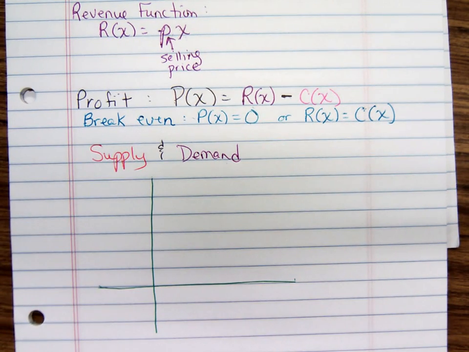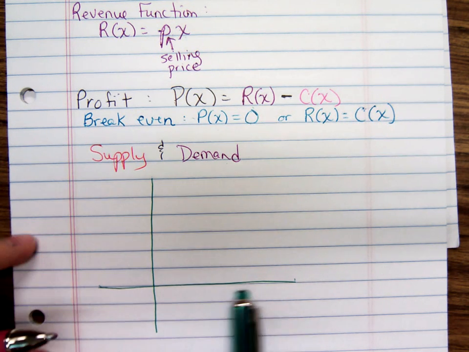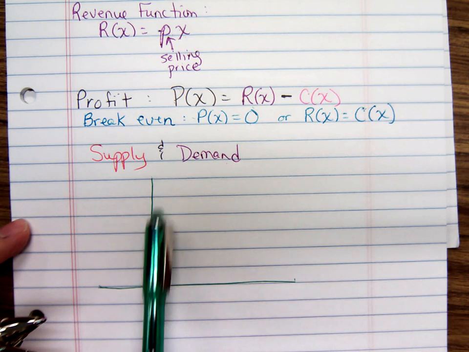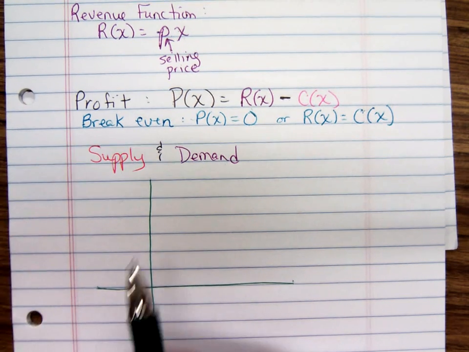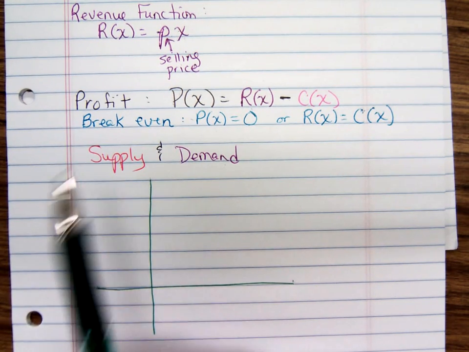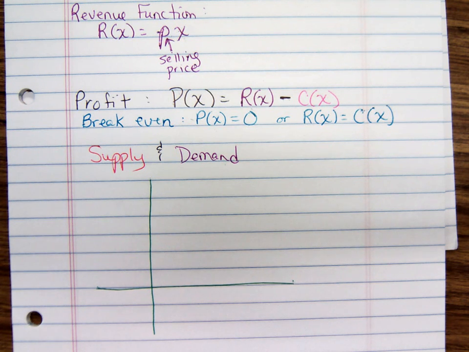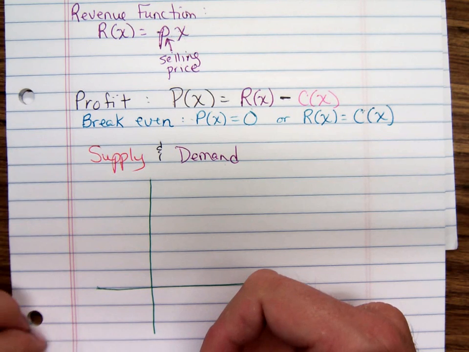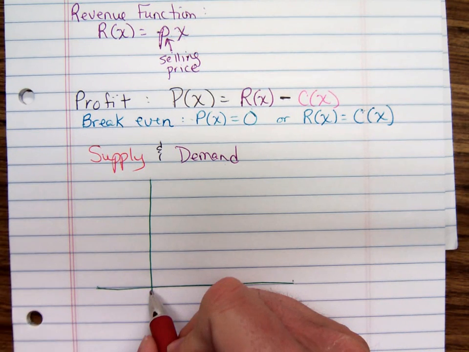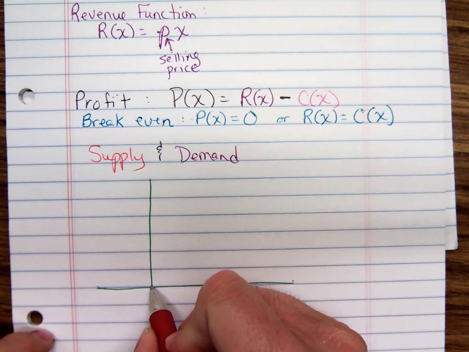So if X is quantity and Y is money, or the cost, from the view of a supplier, if you were the one making the stuff, and the only way you could sell it would be if you had to price it at $0, then you would not want to be making any of those.